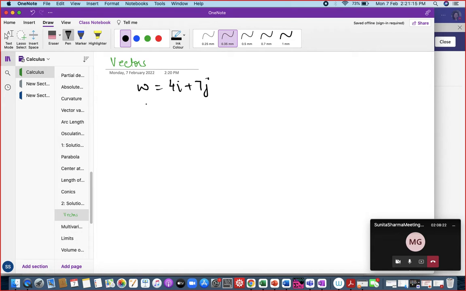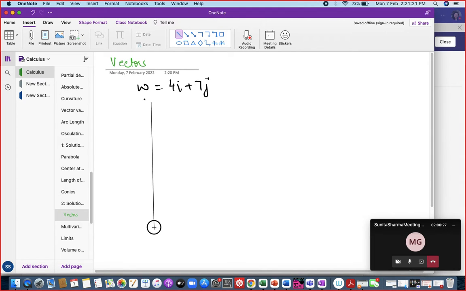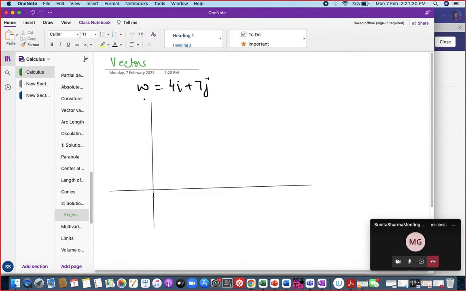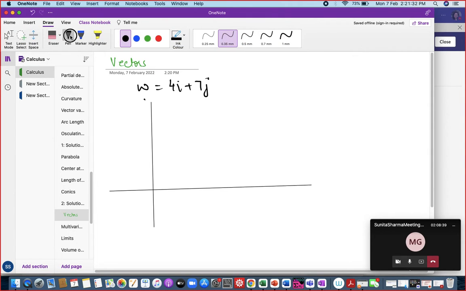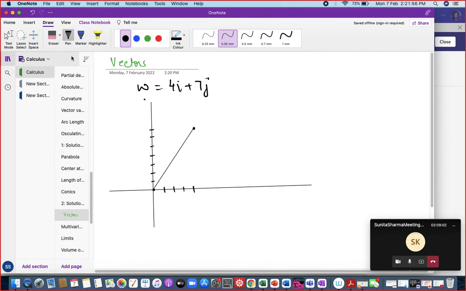Now when you are plotting only w, you may make the graph like this: starting point at origin and end point at 4,7. So somewhere here, just connect it with the line. This is your vector, okay?